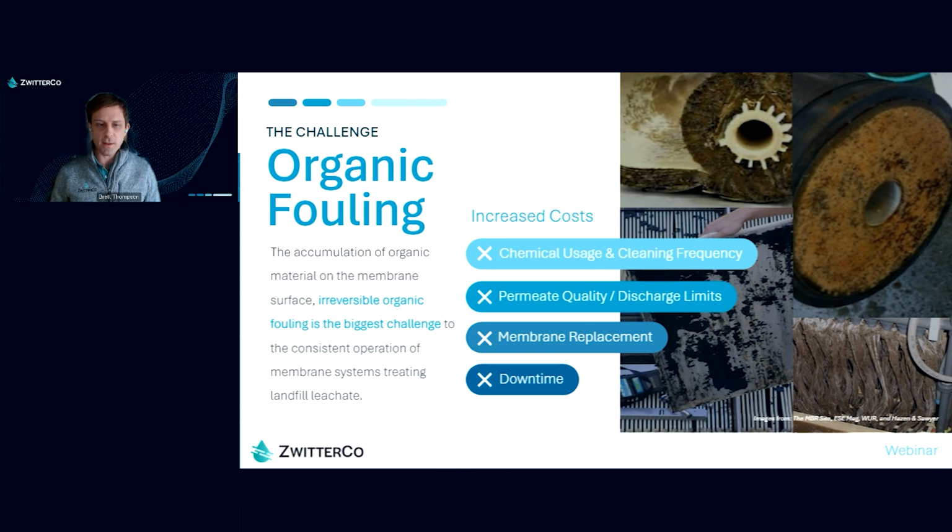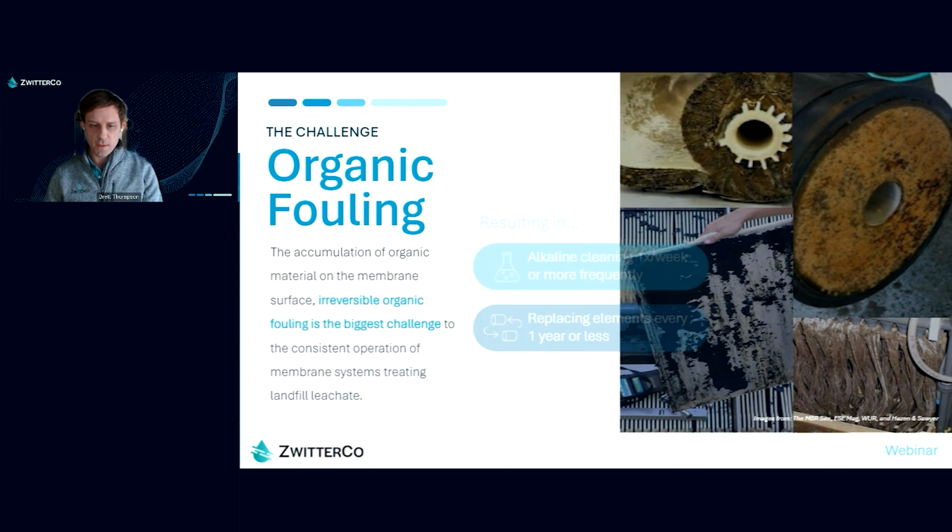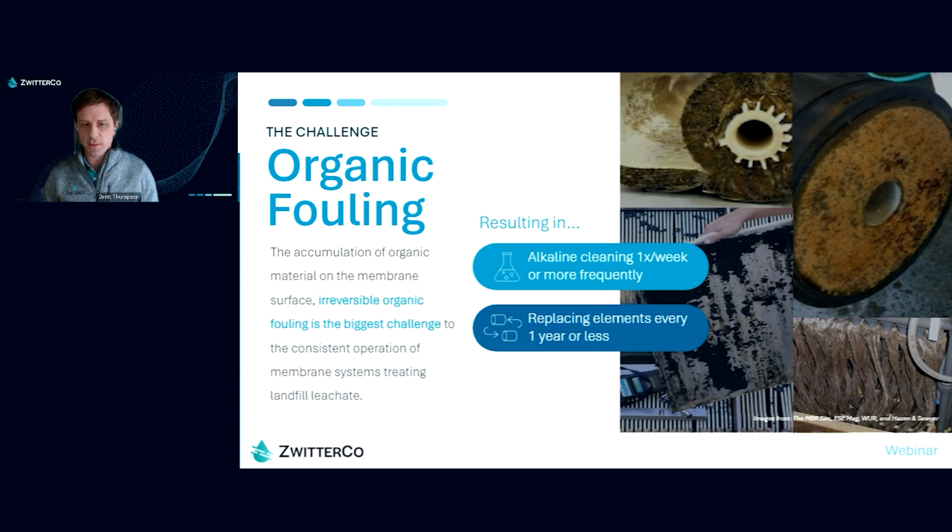So it could eventually accumulate, and you would need to treat the leachate in a different way, by hauling most likely. So this is what I mentioned. A lot of landfills clean usually once per week or more often, and replace elements around every 1 year or even more frequently.